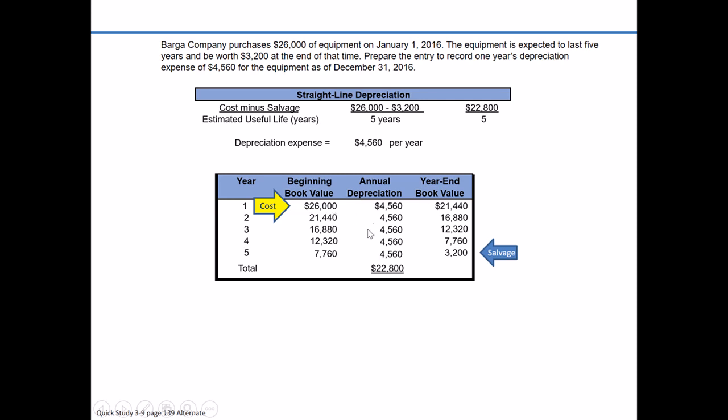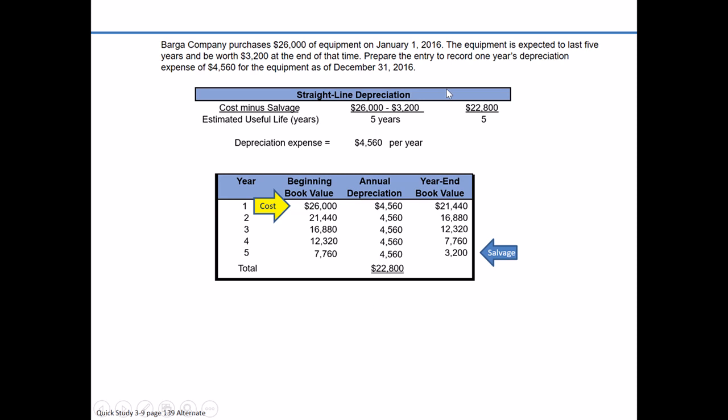As we record depreciation each year, at the end of the 5 years, what should be left on the books is the $3,200, and keep in mind that should agree with the salvage or residual value. Again, you don't have to know all the details of this particular table, just make sure you can actually calculate straight line depreciation and you know it's an equal amount each year of depreciation expense.